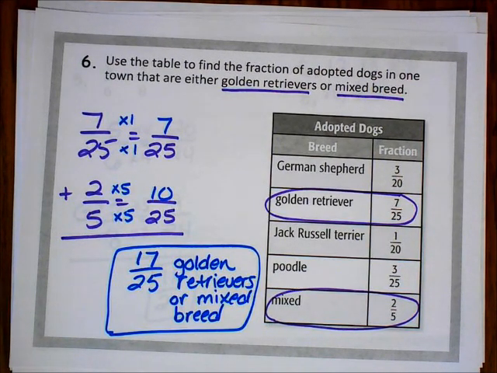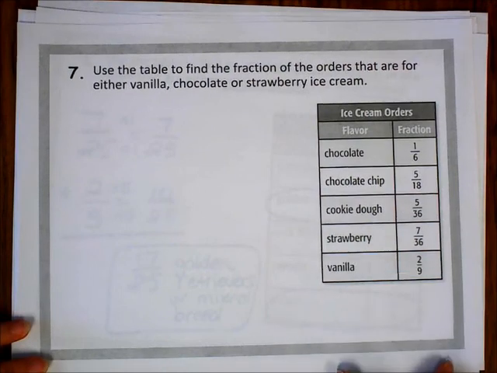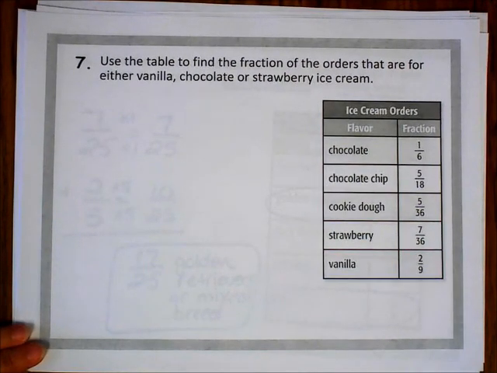Let's go one step further this time, and let's add 3 fractions together. Number 7 says use the table to find the fraction of the orders that were either vanilla, chocolate, or strawberry.